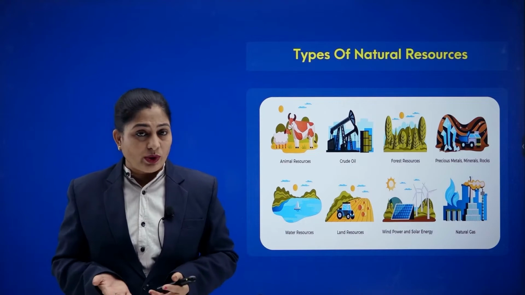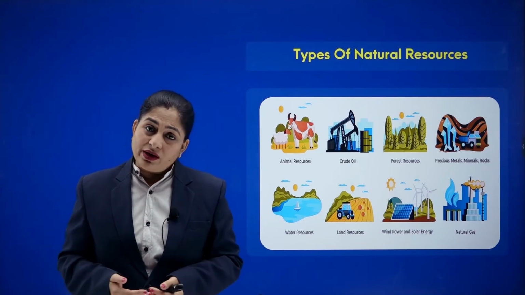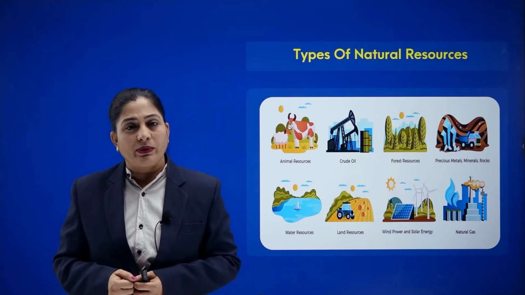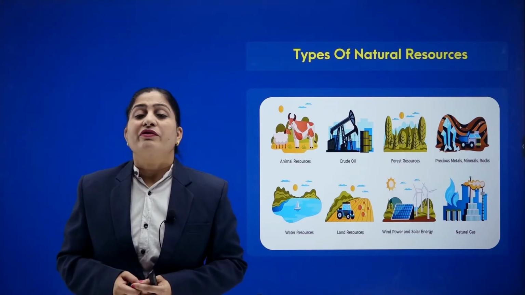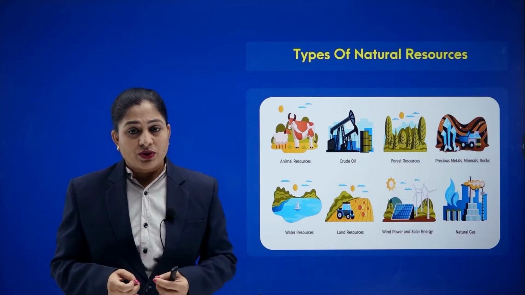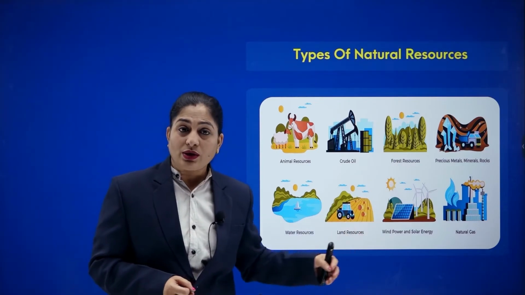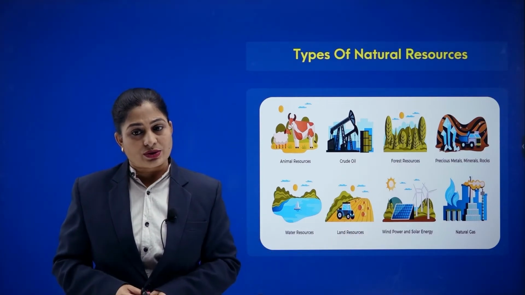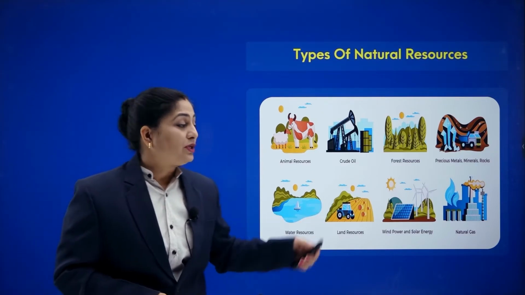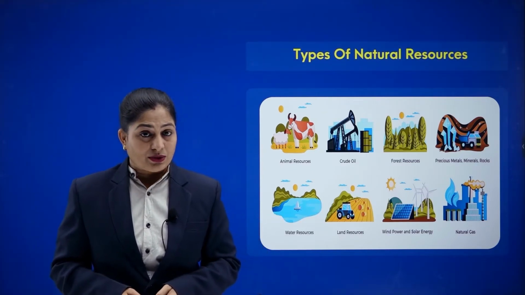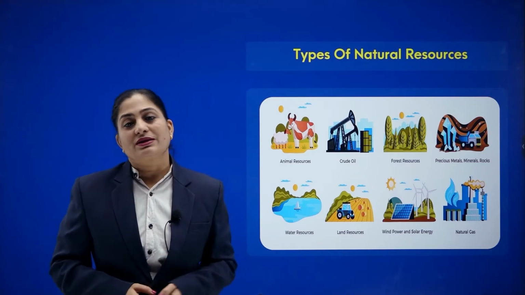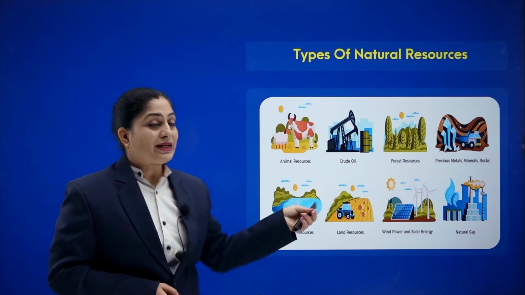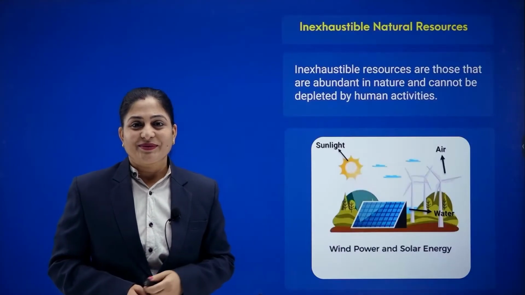Moving air we call wind. Wind power is very important in running windmills, which is useful for the generation of electricity and for running various machines. They are also natural resources. Then we'll discuss natural gas, which is also available during the refining of petroleum. In this chapter we are going to discuss these natural resources in detail.